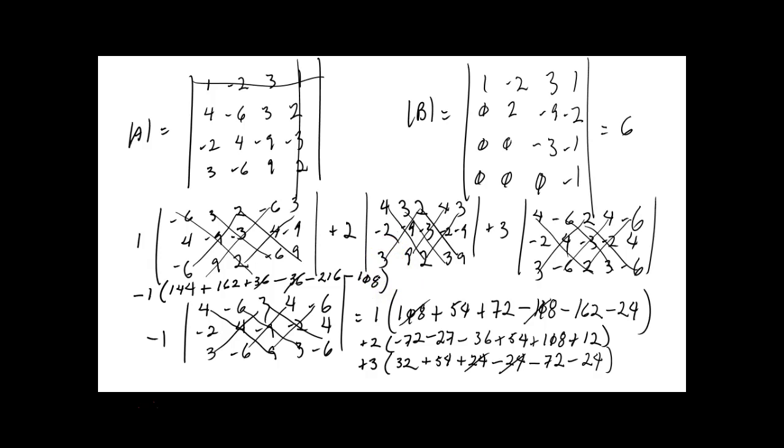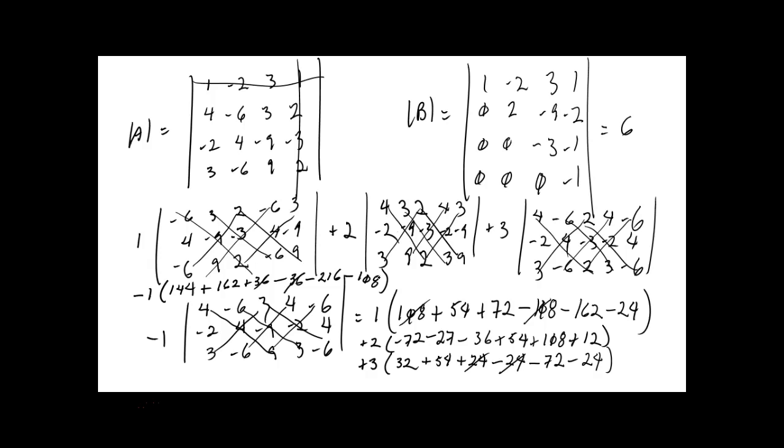Pull out the calculators, folks. I'm tired of doing this in my head. 54 plus 72, that's 126. Minus 162, well, do it on your calculator, okay? And, I mean, it's pretty easy to do, okay?